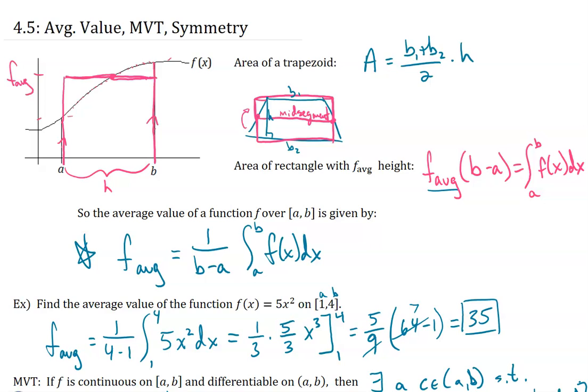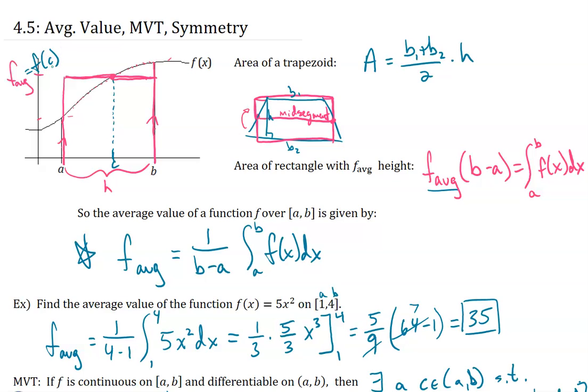It just guarantees the existence of this point. We'll call that value right there c. It guarantees the existence of this point where the height, f of c, is equal to the average value of the function.